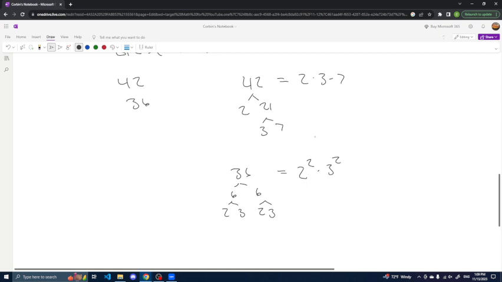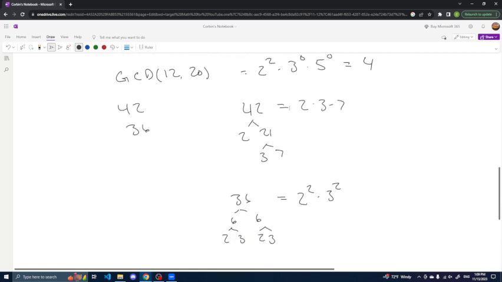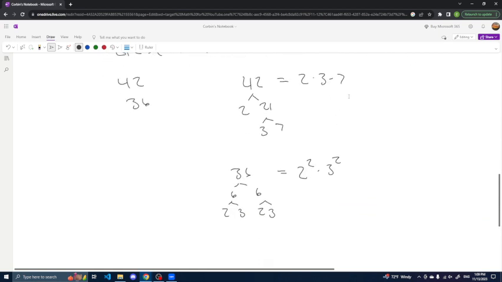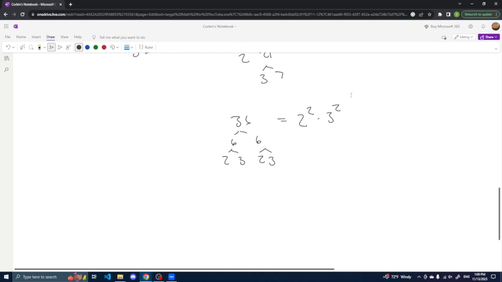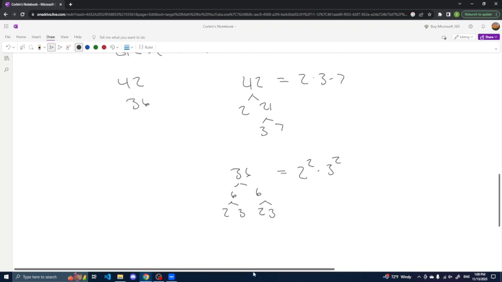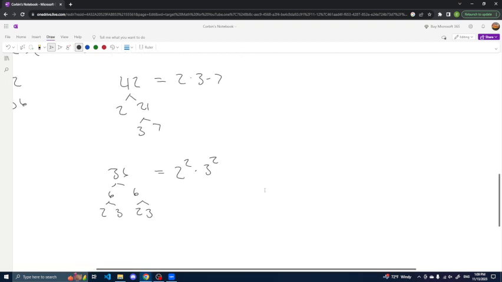And so to do our greatest common divisor, we're going to look at each of the exponents between the two. So the GCD of 36 and 42 would be equal to the minimum of each of these.